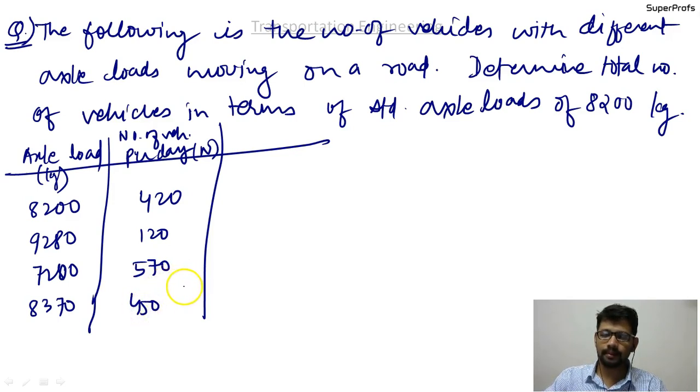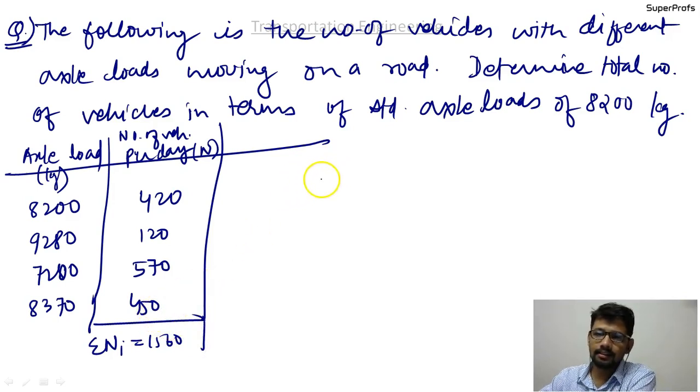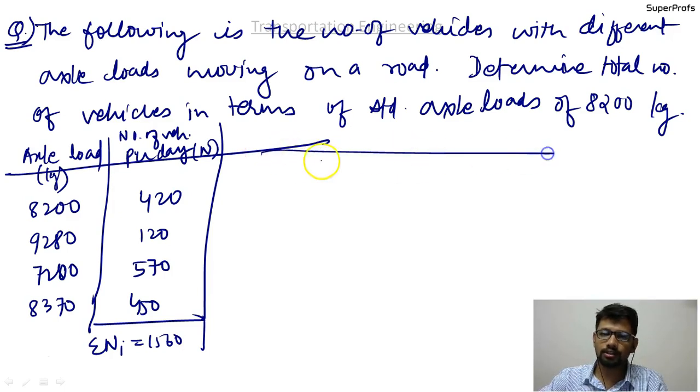So the total number of vehicles, summation ni, is 1560. This is the data that has been given, and the question is to determine the number of vehicles in terms of standard axle loads of 8200 kg.